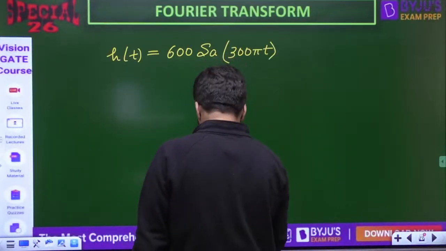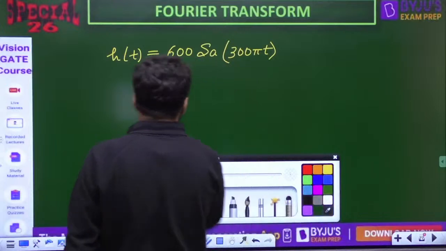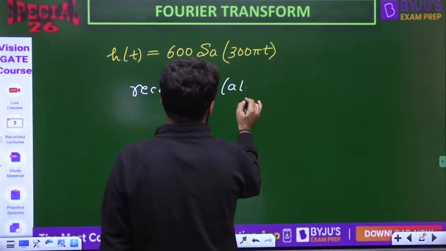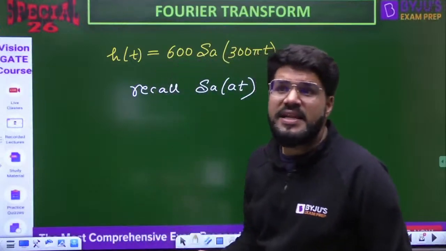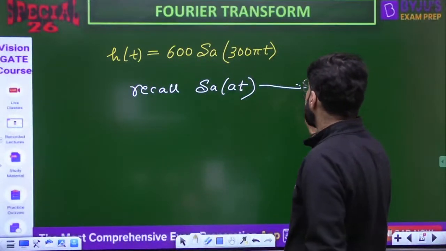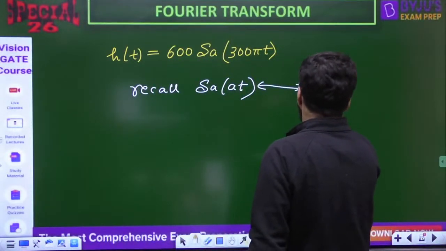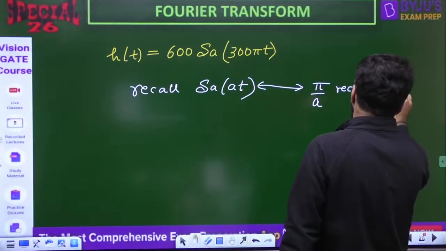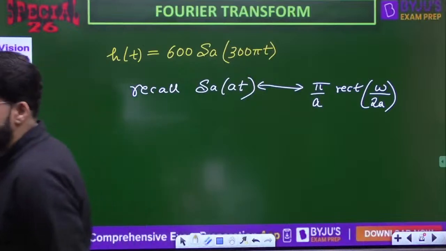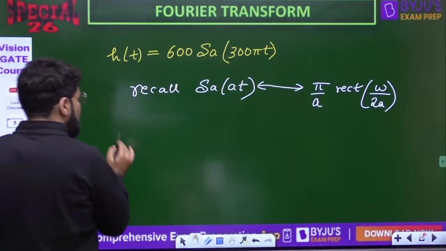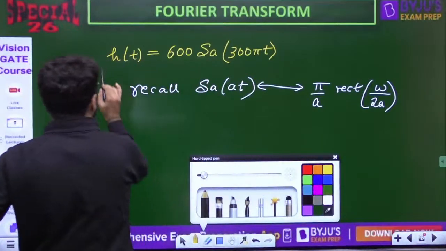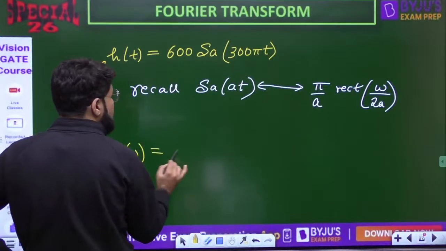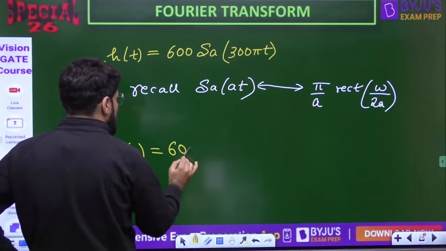First of all, let us recall the Fourier transform for sampling. For rect it is sampling, for sampling it is rect. So what is the Fourier transform for sampling? As the formula we discussed already, pi by a rect of omega by 2a. So for this given impulse response, what is the frequency response of the system, H(omega)? 600 is anyway a constant.